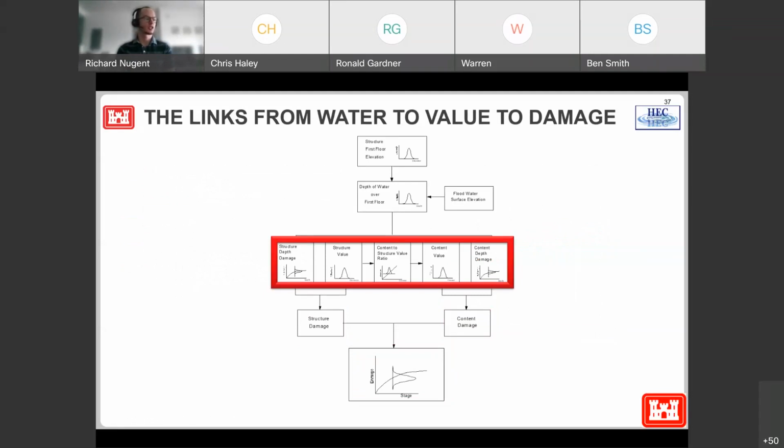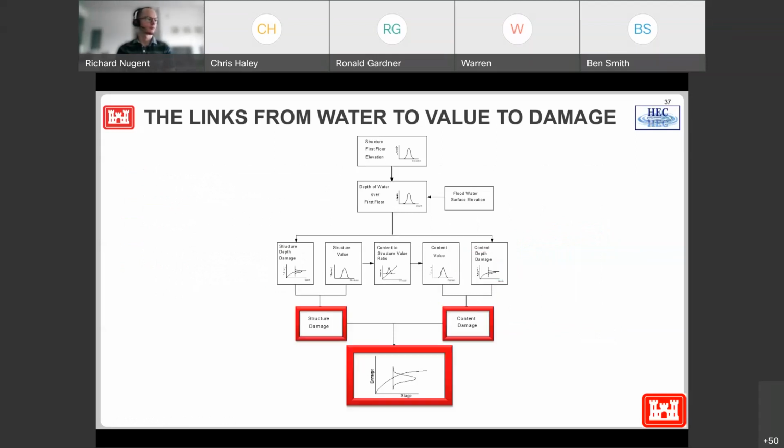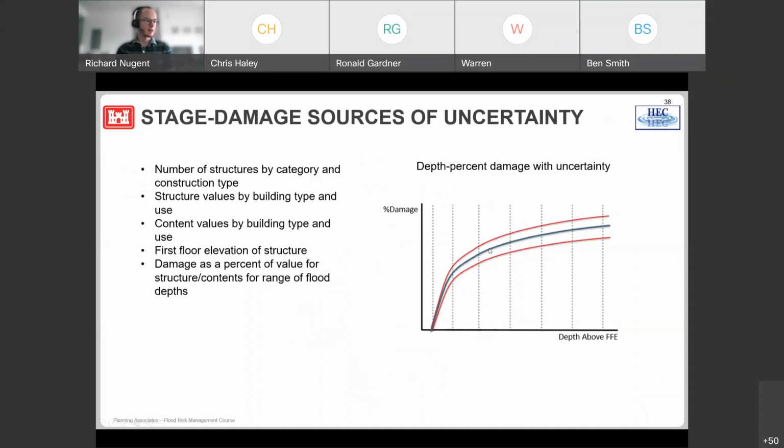And that gives us a distribution of structure damage. Right, so we have percent damage, depth above first floor elevation. This curve is basically multiplied by the structure value, which gets you a function that represents not relative damage, but gross damage for the different depths above the first floor elevation.